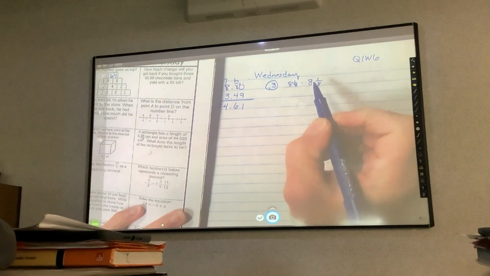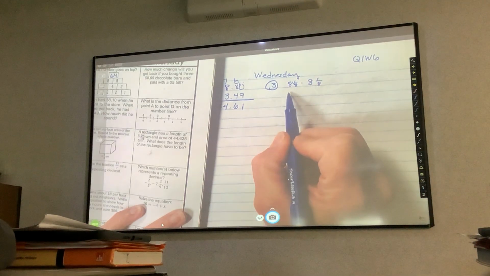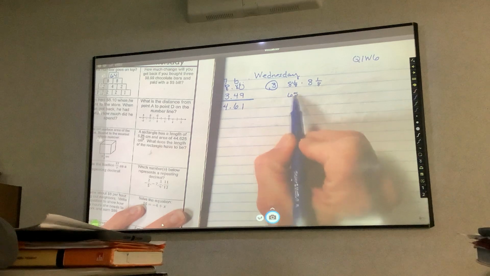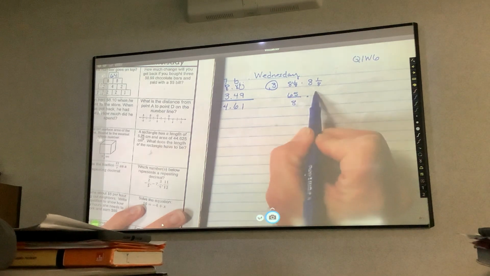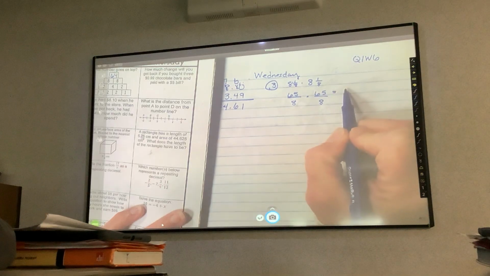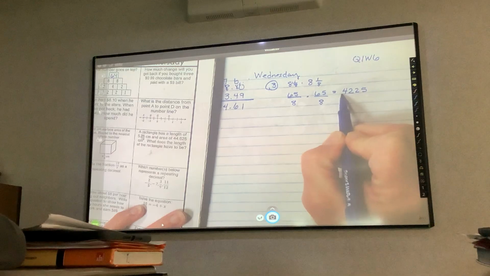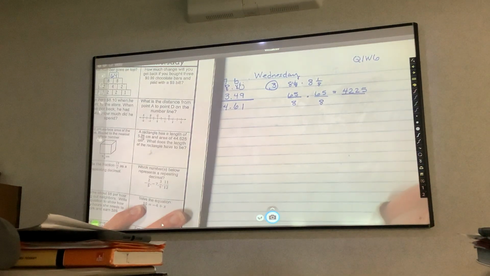But before I do that, I have to make it an improper fraction. So it would be 65/8. 65 eighths times 65 eighths. Tell me if I did it right. 4,225. Yes.